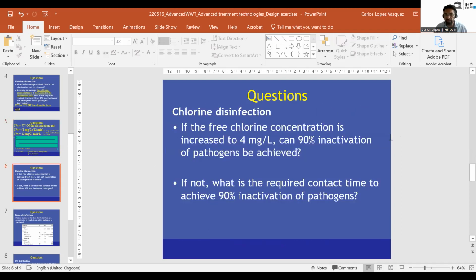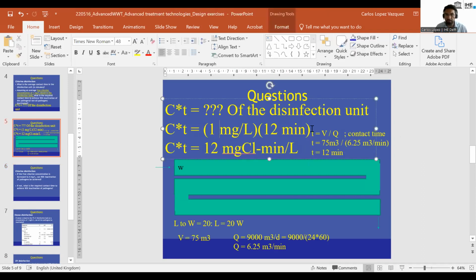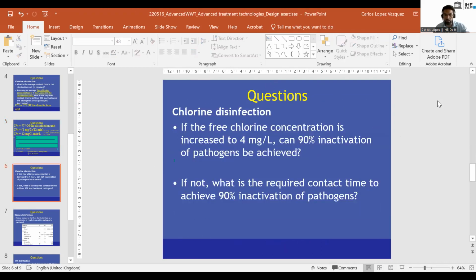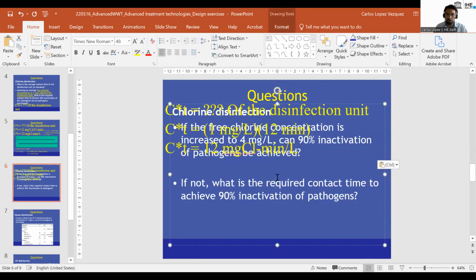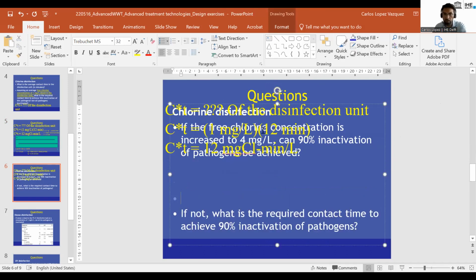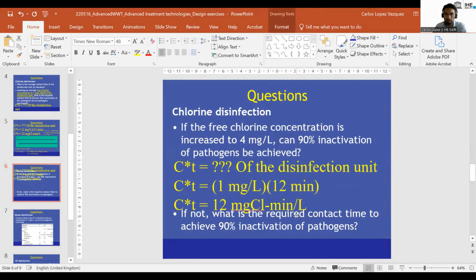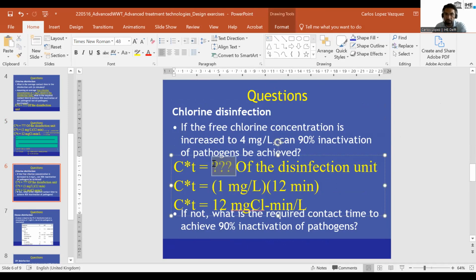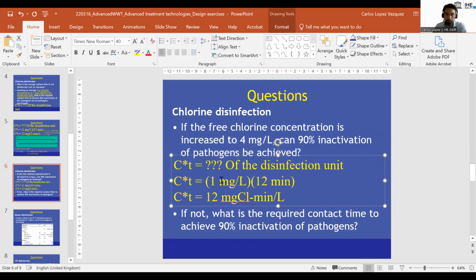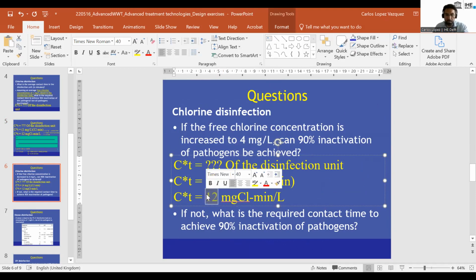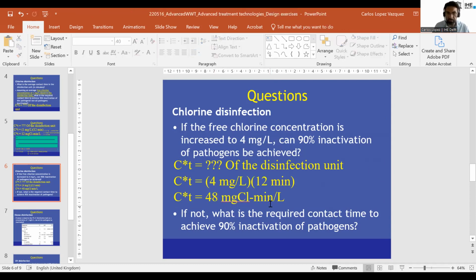Okay, if the free chlorine is increased, I will not use 1 milligram per liter anymore, but now I'm going to use 4. So if I use 4, the CT of the disinfection unit will now increase from 1 to 4, and then I will have here 4 times 12 is 48 milligrams of chlorine per liter.